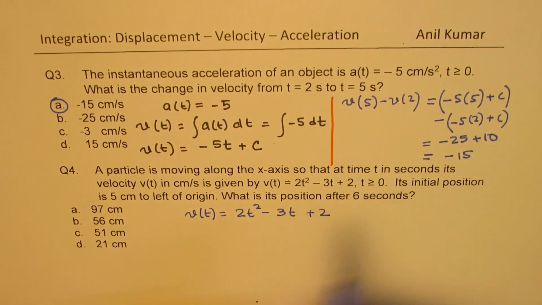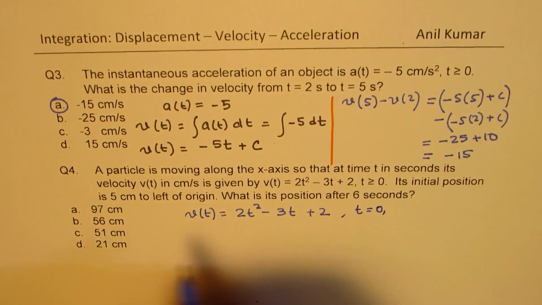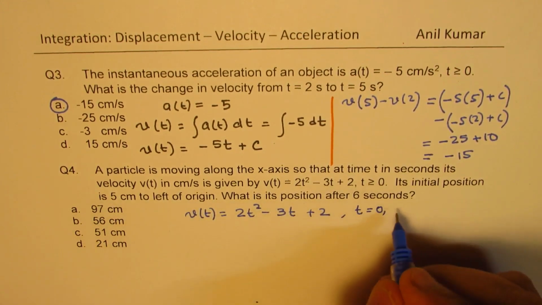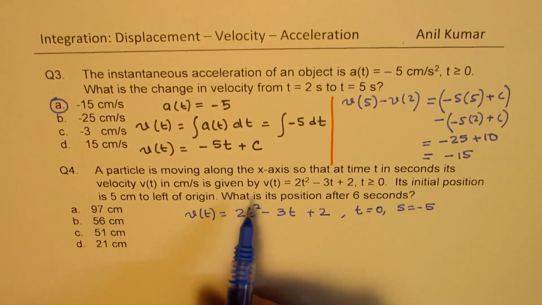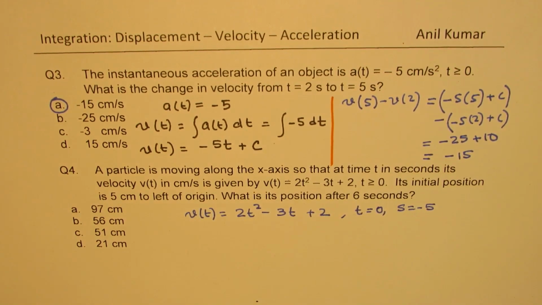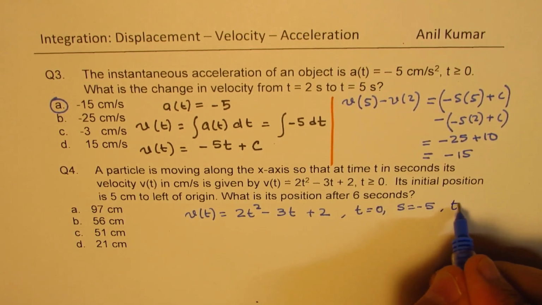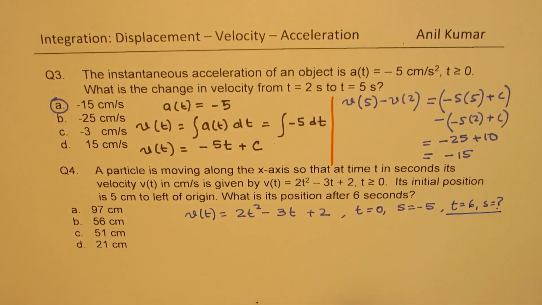Its initial position is, so we are also given at t equals 0, s is equal to minus 5, right? Left of origin. What is the position after 6 seconds? Okay, so we need to find at t equals 6 what is s, right?